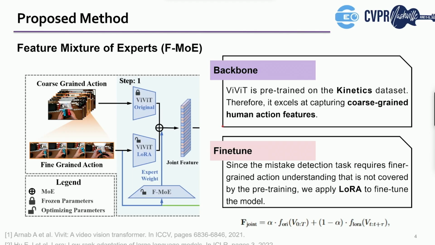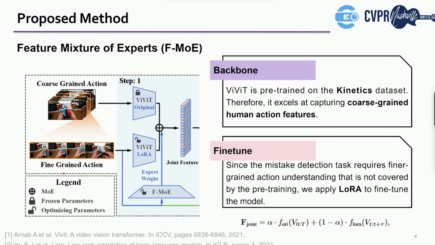The model takes two types of input: coarse-grained action and fine-grained action. Fine-grained action is a short video clip extracted from a coarse-grained action. For example, if the coarse-grained action is installing a switch controller, then the fine-grained action could be inserting the left controller into the rail.